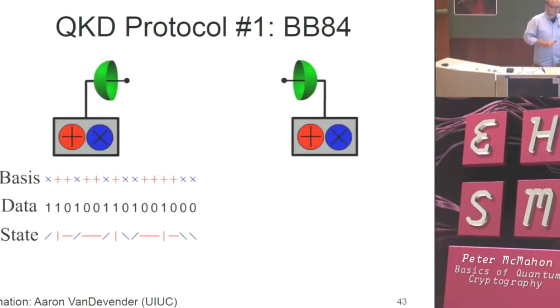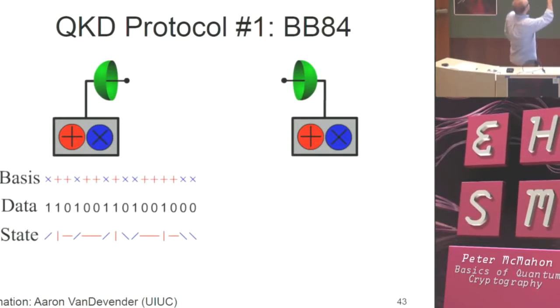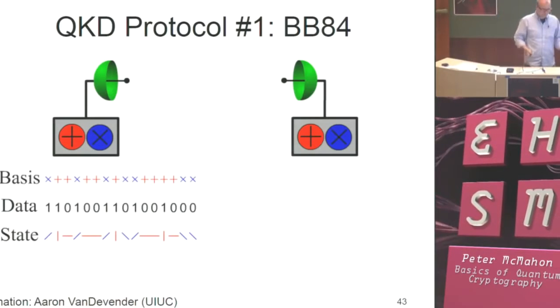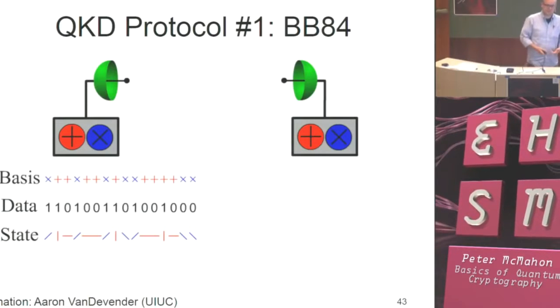So the way the protocol starts is the following. We have a sender, Alice, and a receiver, Bob, and the idea is that we're trying to share a random bit string between these two entities in a way that if an eavesdropper is eavesdropping on the channel, we can detect it.